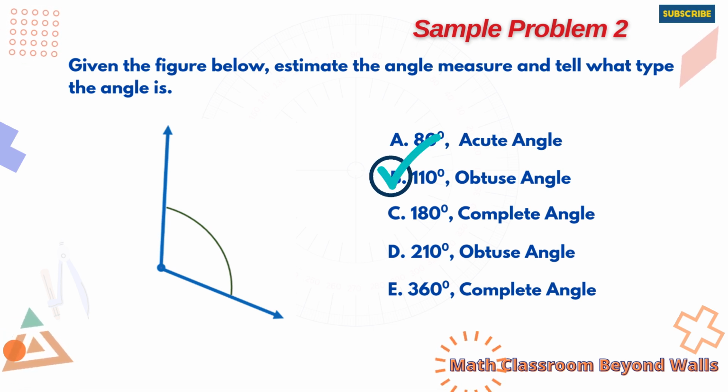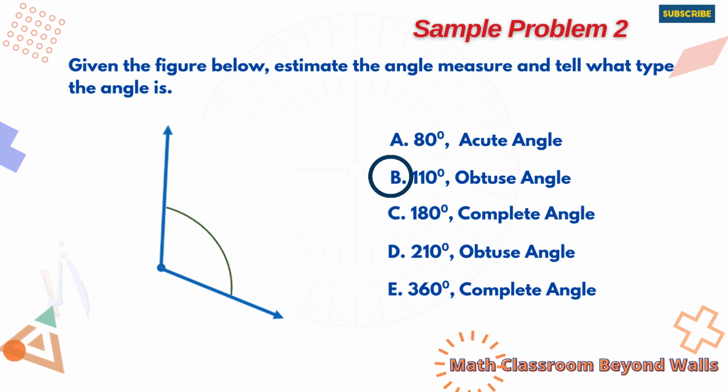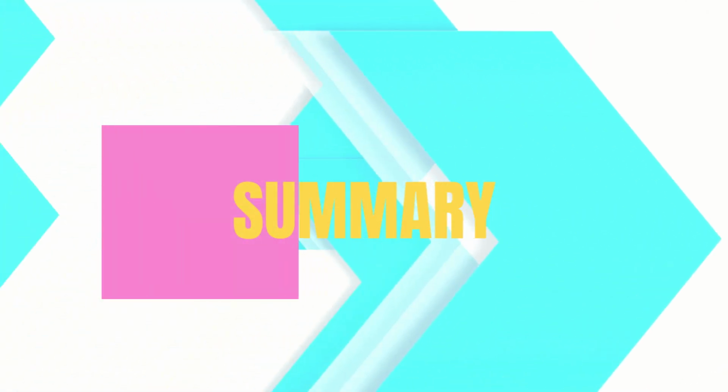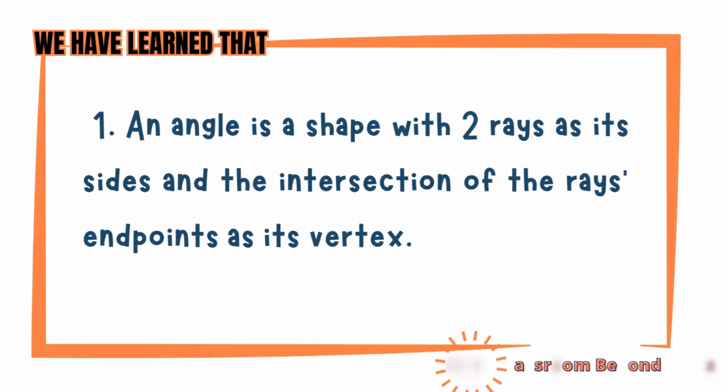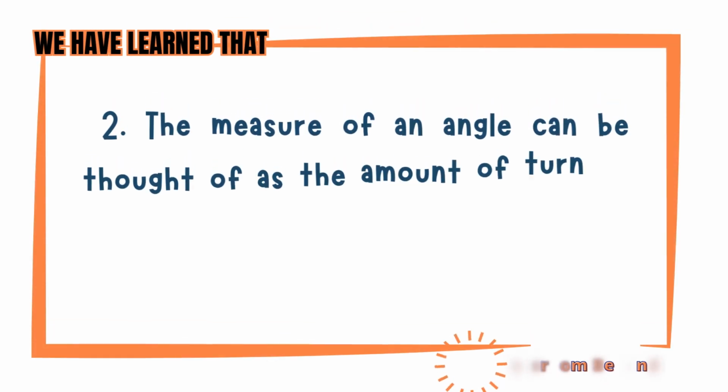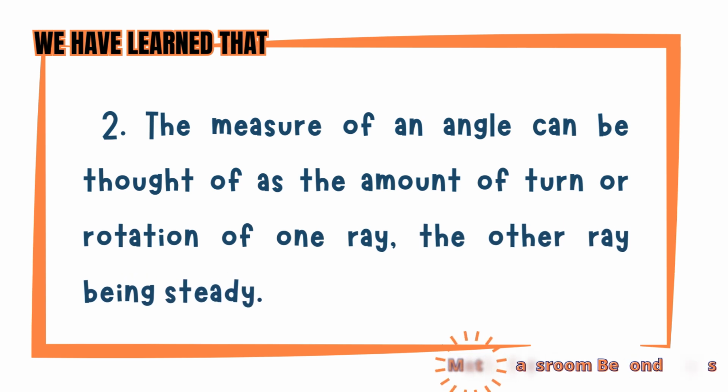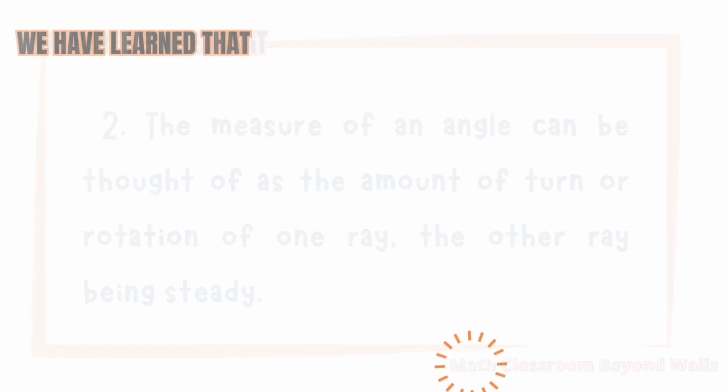I hope that you acquired lots of learnings in today's video. Let us summarize what we have learned today. We have learned that, first, an angle is a shape with rays as its sides and the intersection of the rays endpoints as its vertex. Second, the measure of an angle can be thought of as the amount of turn or rotation of one ray, the other ray being steady.